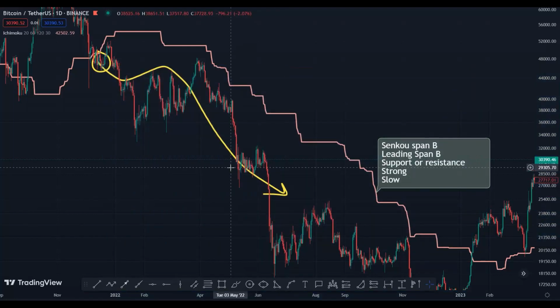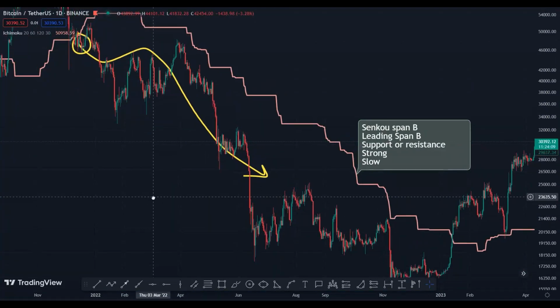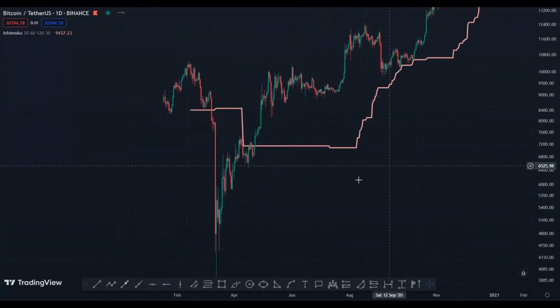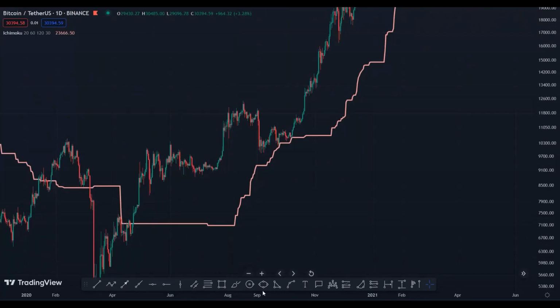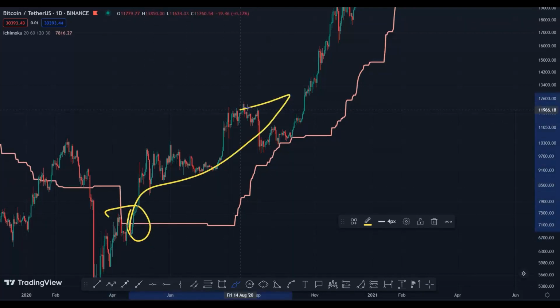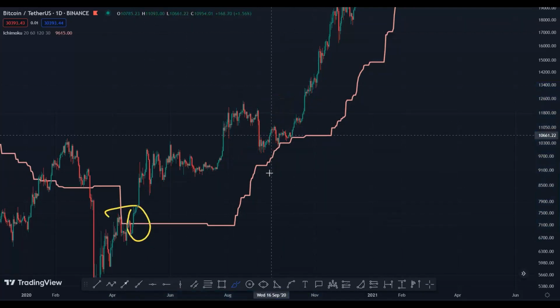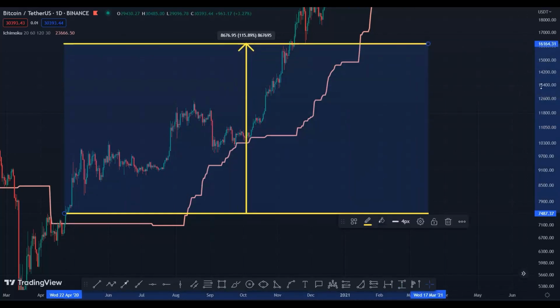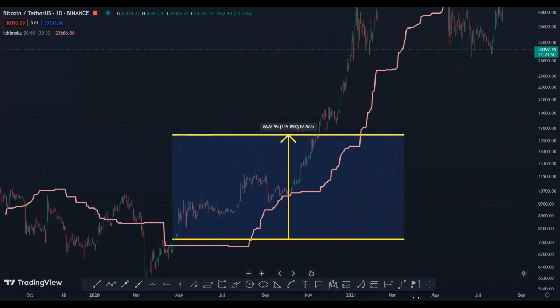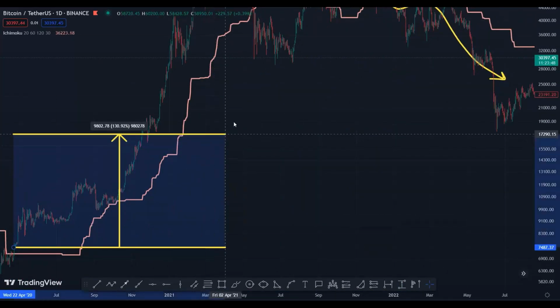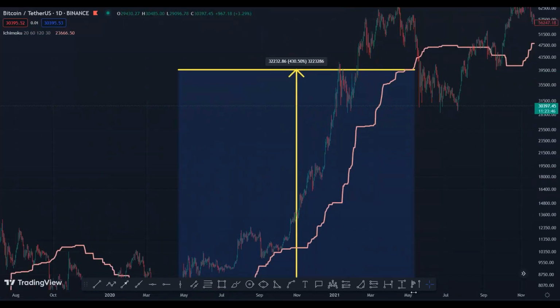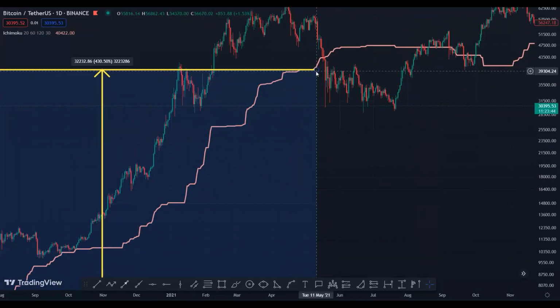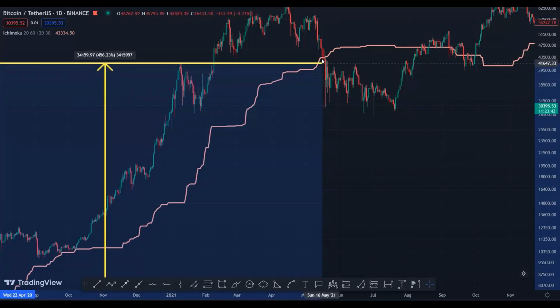Whenever we broke it to the downside, you want to be bearish, and whenever we broke it to the upside, for example like this area here, you want to be bullish. Look here at this candle, you want to open a long position based on this indicator, and you want to hold it until you see a close candle below Senkou span B, which will be approximately here.